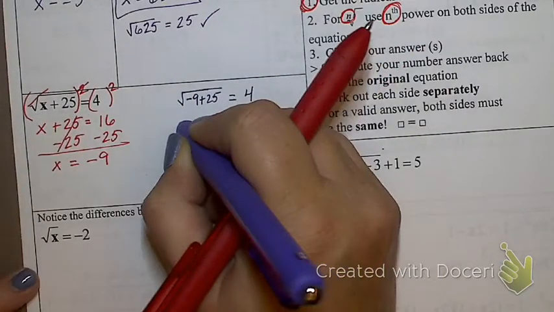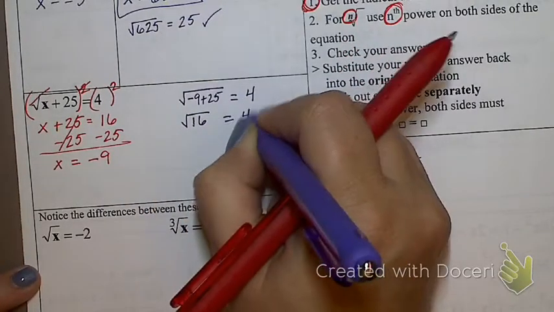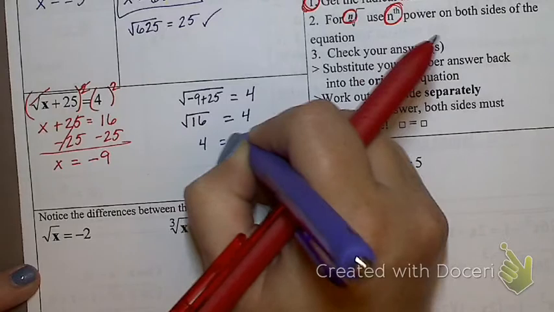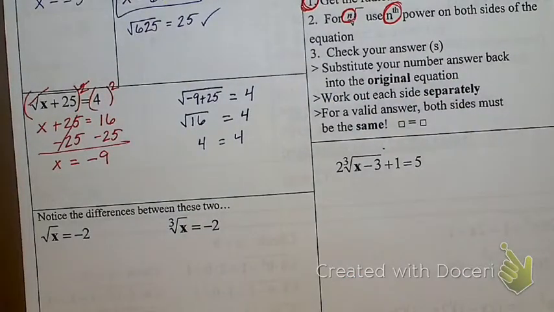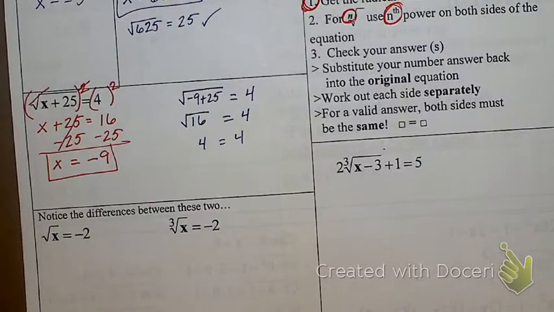Well, what is negative 9 plus 25? 16. Does the square root of 16 equal 4? Yep. So since that works, my answer is good. Why did I have to check my work there? Even index. Even index, you have to check your work. Okay? So there? Good answer.